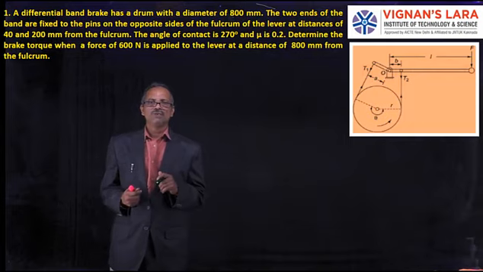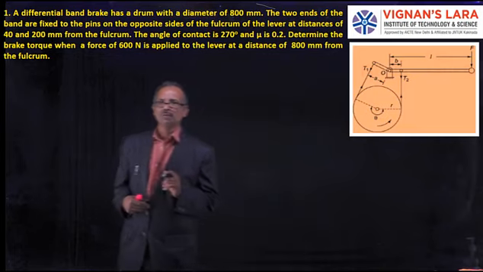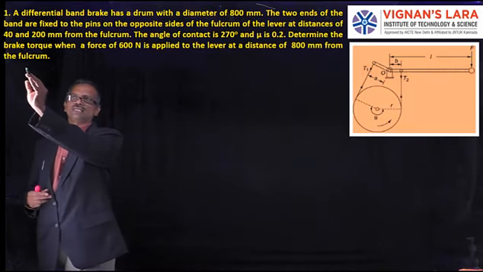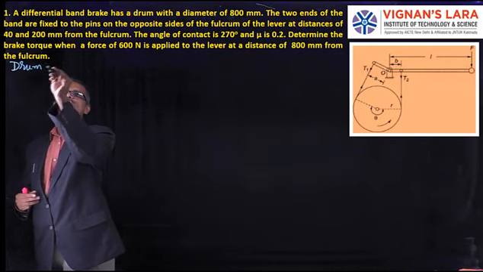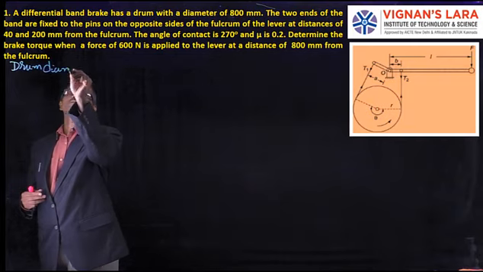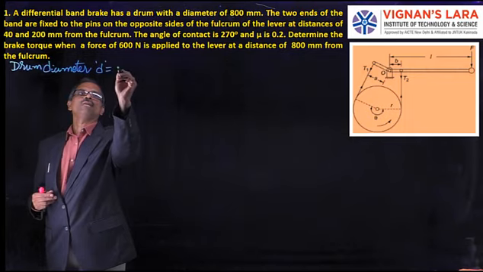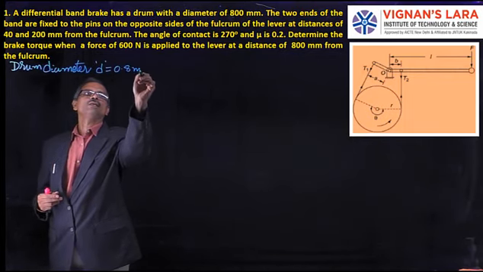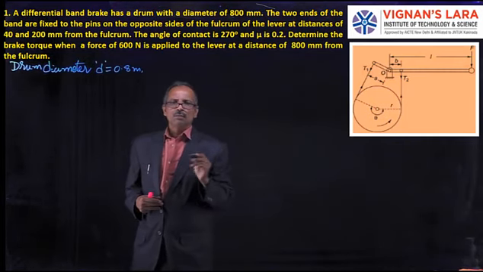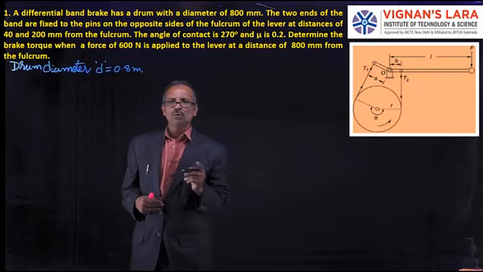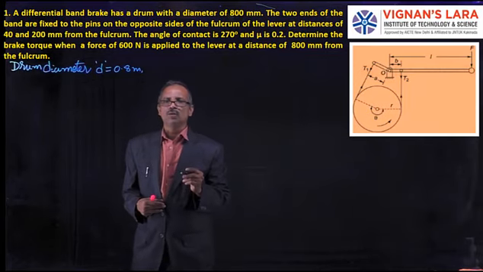It is a differential band brake, with a drum diameter of 800 mm, that is 0.8 meters. Then it has the fulcrum with two opposite sides with distances of 40 and 200 mm.